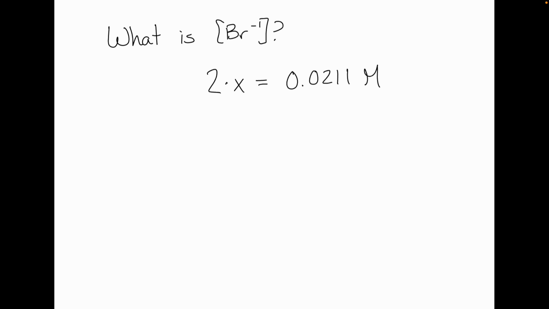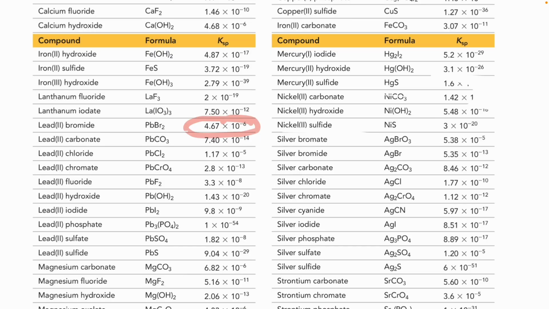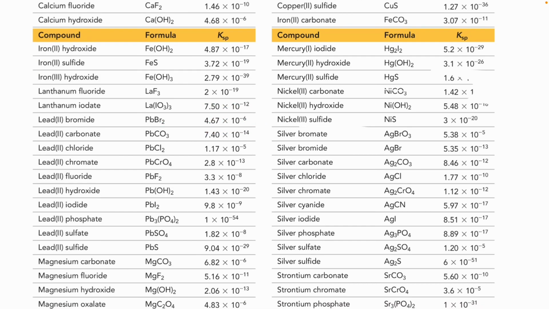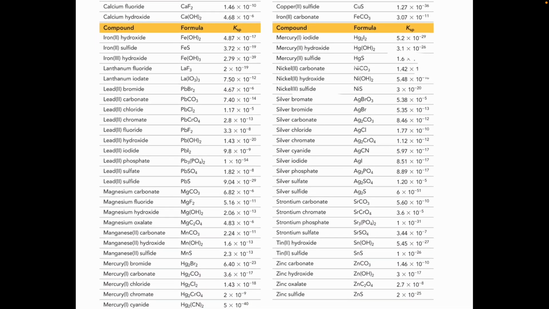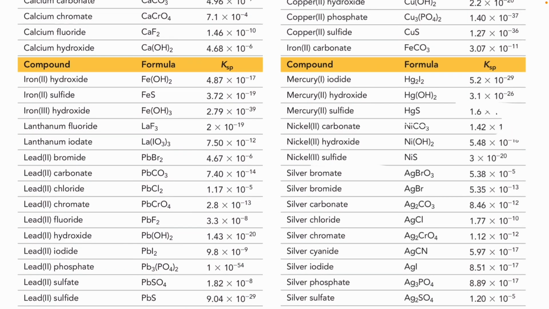All right, so let's practice this again. Let's do another one from scratch here, all right? Let me pick one of these compounds here. We're going to do this one, lanthanum iodate.